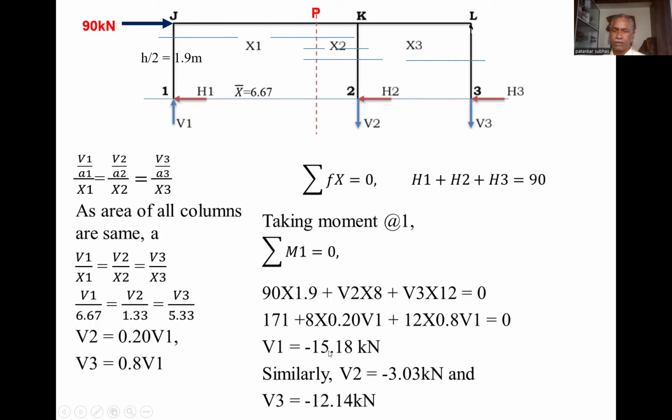So V1 is equal to minus 15.18. Put the value here. V2 we get as minus 3.03. That means we can change the direction, and V3 is also equal to minus 12.14. Again, we can change the direction of V1, V2, and V3. Okay. In this way, we can find out the axial force in column 1, column 2, and column 3 at the top story.